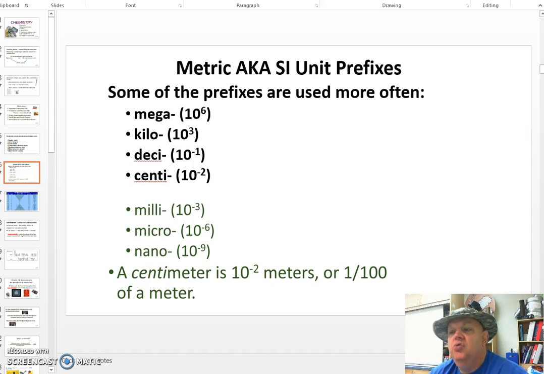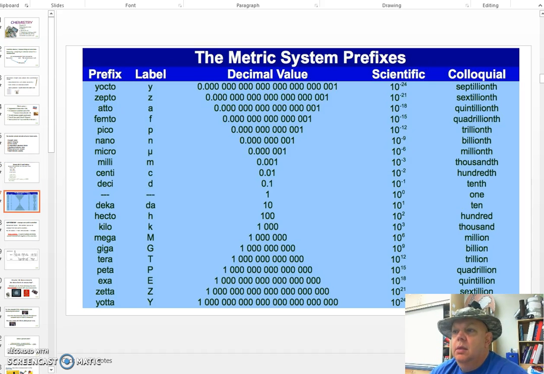Centi is 1/100th. Then we deal with milli and micro and nano. This is just giving you an idea of all the prefixes that are there. Zetta, yotta, zepto, yocto, atto, femto. I like those. That's fun. Pico. Yeah, real tiny, tiny, tiny.